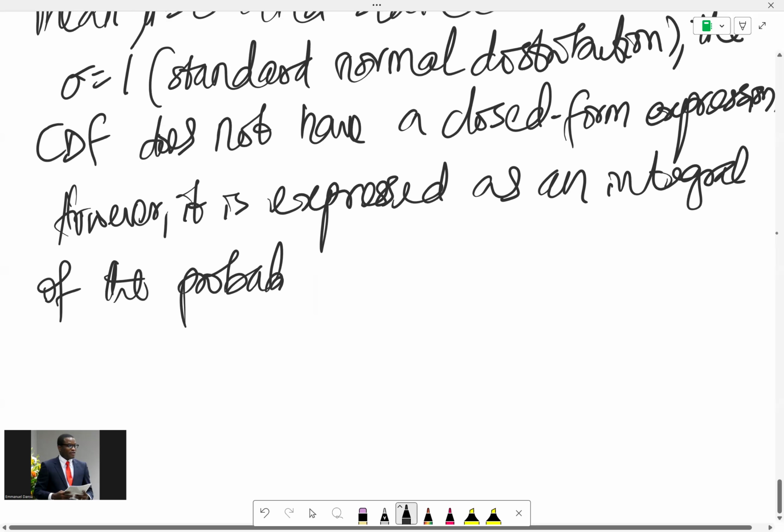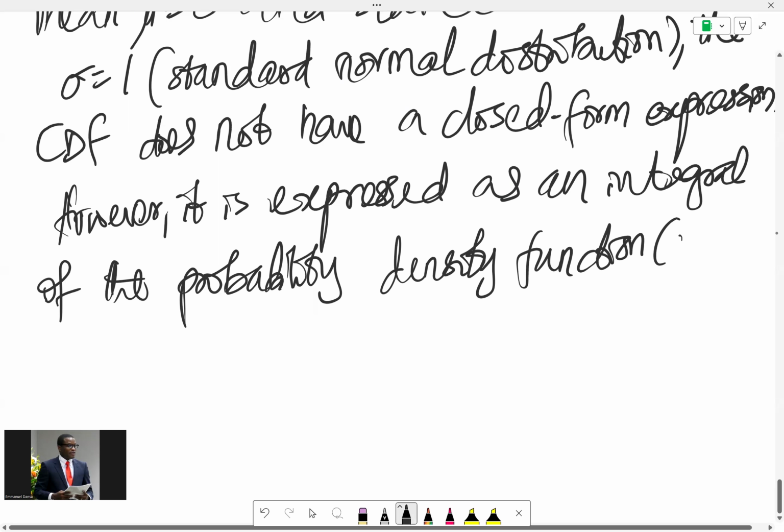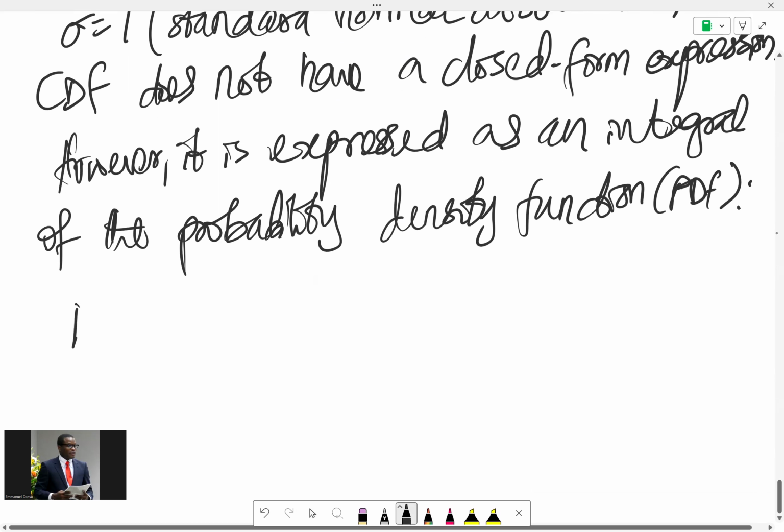You know, an integral is like summation for a continuous random variable, instead of the normal summation we do for discrete. So our F of x is the same thing as the probability that X is less than or equal to small x.